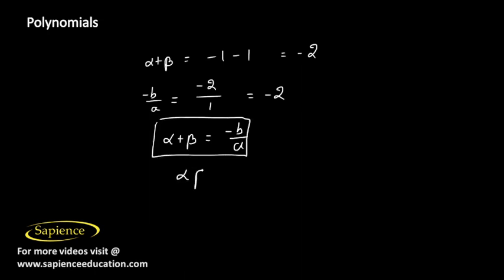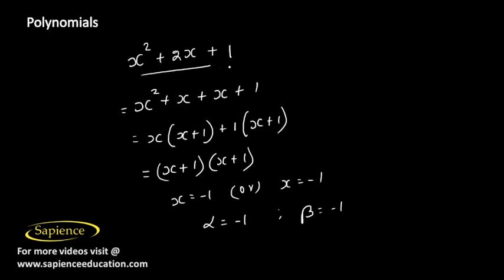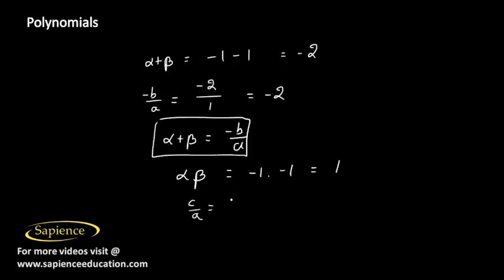One more relation is there, which is alpha beta is equal to c by a. For alpha and beta, if we multiply minus 1 and minus 1, we will get 1. And what is c by a? In this polynomial, the constant is 1 and a, the coefficient of x square, is also 1. C by a is also 1. So alpha beta is equal to c by a.